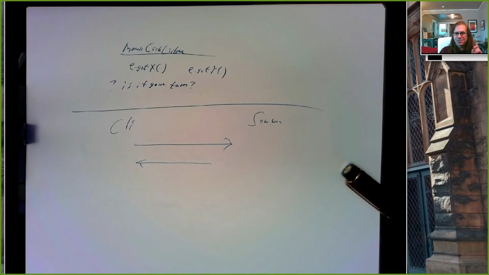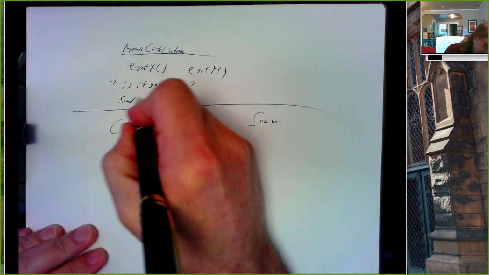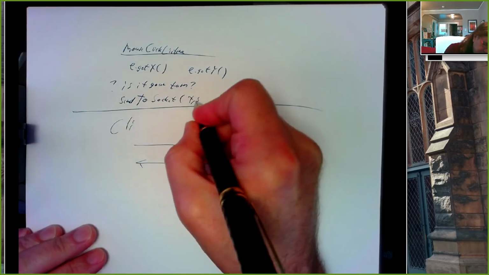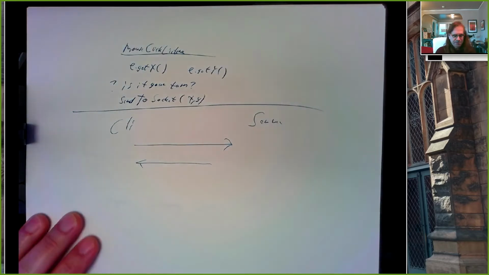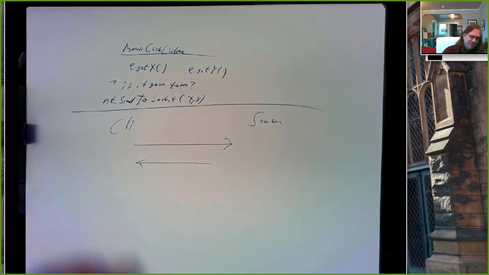But if it is your turn, you go ahead and do all the stuff that you normally do when you respond to a mouse click, but you also send to socket the XY coordinates of the mouse click. And send to socket can be a method inside your netThread, so call netThread.sendToSocket.